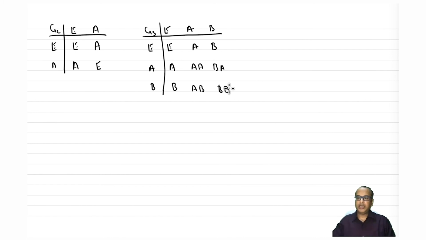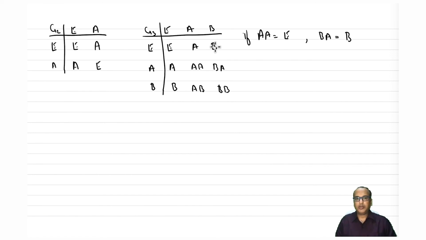Okay, so now let us suppose A A is equal to E. If we replace this as E, then for B A, A is already taken and E is here, so the only option that can come here is B. But B cannot come here because B is already present in this column.